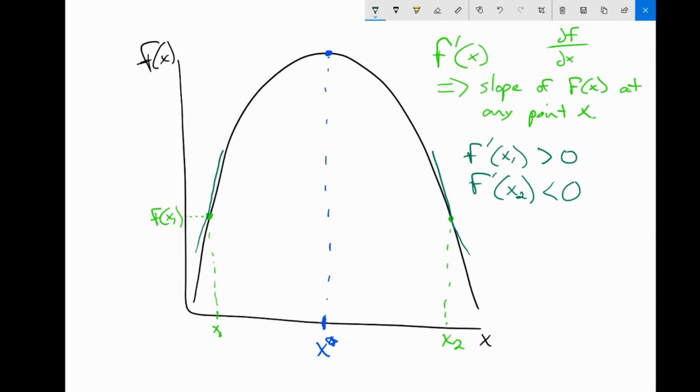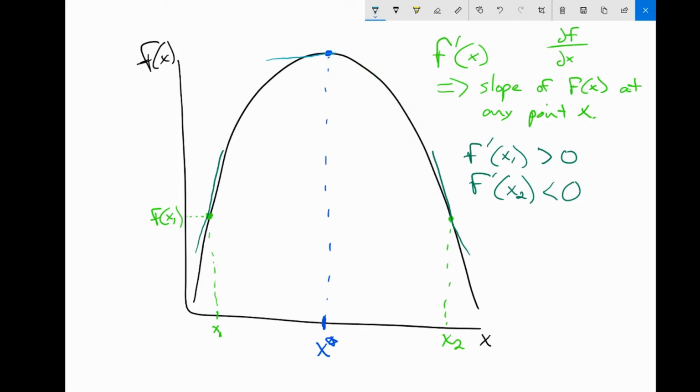Let's say we start here from x1 and we move our way up towards x star. As we move up, we know that the slope is still positive. It's less positive, but it's still positive. And then we reach something very interesting at this maximum point.